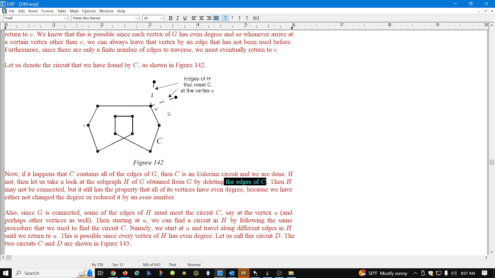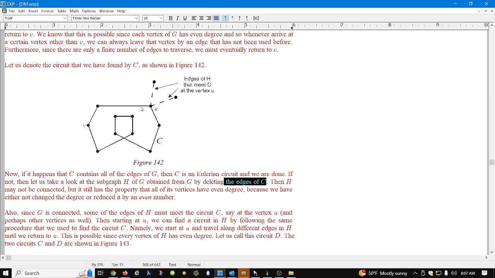So you can see from the figure here, some edges in H must have met a vertex that was on C. Well, now we can repeat what we just did starting at U here.